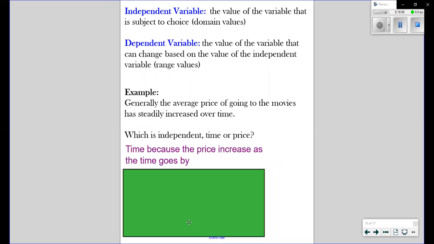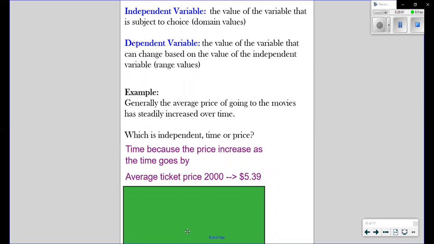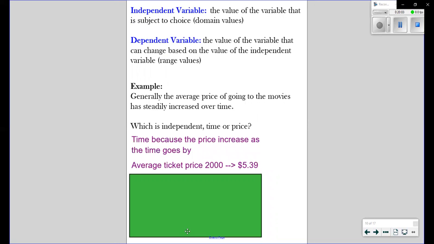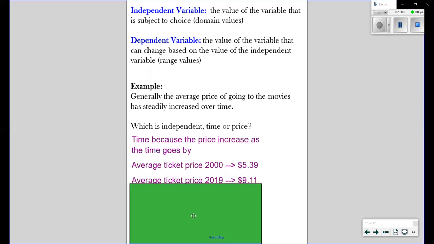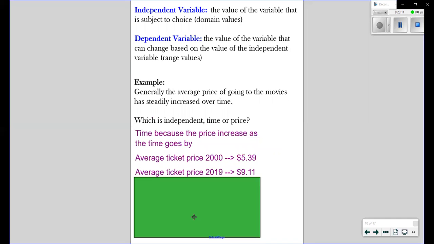So, for example, the average ticket price in 2000 was $5.39. This is the average ticket sale. But in 2019, the average was $9.11. So notice as the time increases, 19 years later, the price increases. So it's based on the time.